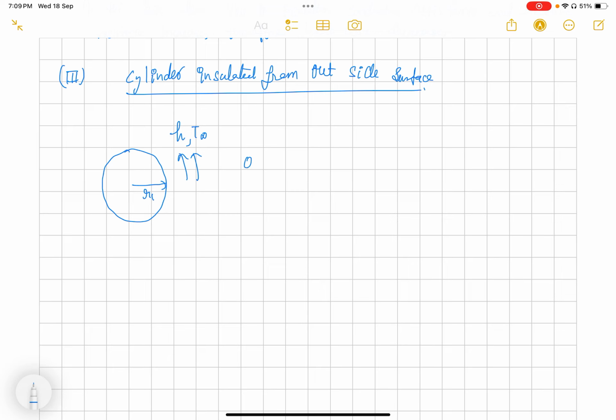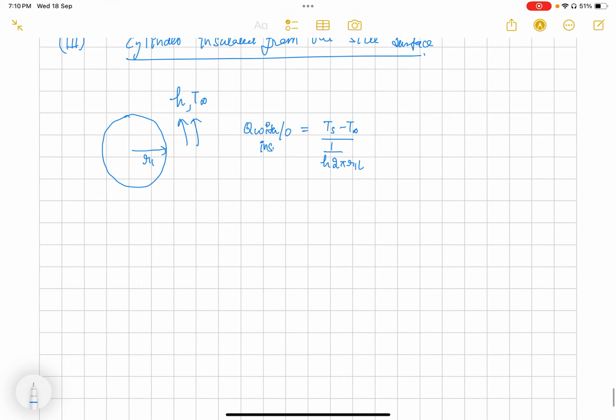So Q without insulation, we know, is Ts minus T infinity divided by 1 by h 2 pi R1 L, right? To reduce the heat loss, we are insulating it, let's say.